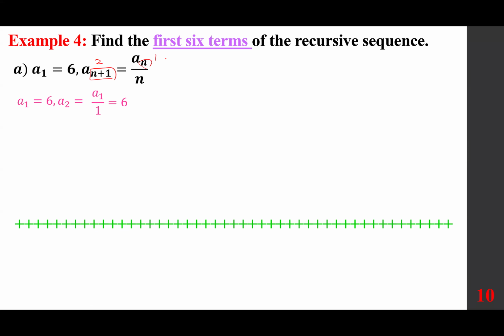What about a sub 3? I want to make sure that we understand that a sub 3. So if n plus 1 is 3, that means n must be 2. So a sub 2 over 2, which is 6 over 2, which is 3.